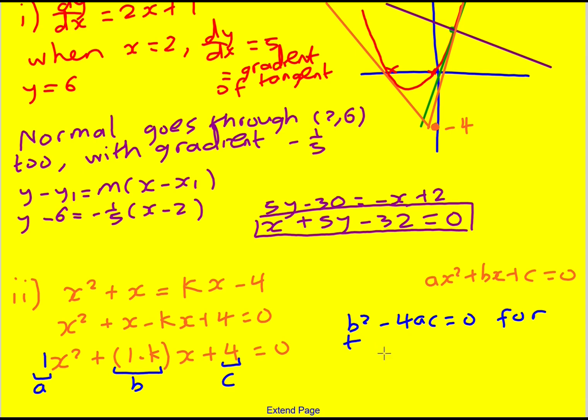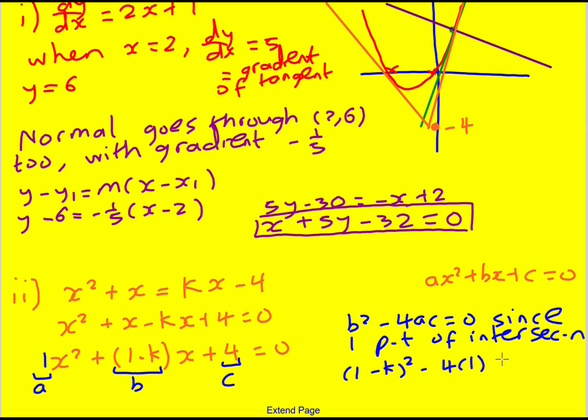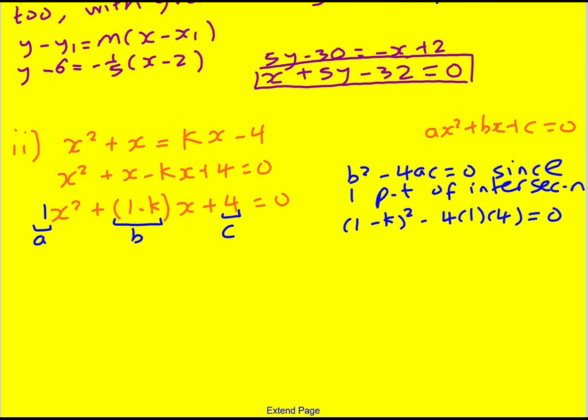Since there is one point of intersection, that means 1 minus k squared minus 4 times 1 times 4 will equal 0. Got a couple of options now.